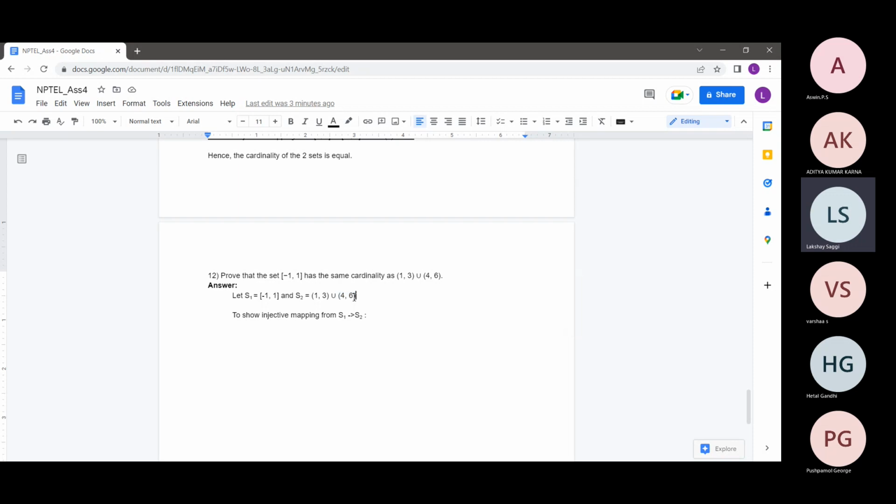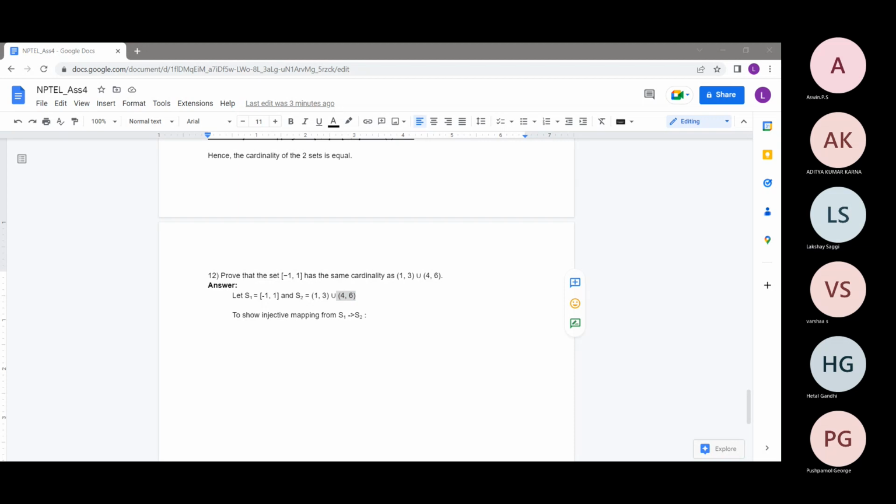So the union of these two sets will be all the real numbers which lie either between 1 to 3 or between 4 to 6. So this is the meaning of union here, Ethan. It is just the union of two sets. One set is open at 1 and 3, and the other is open at 4 and 6.